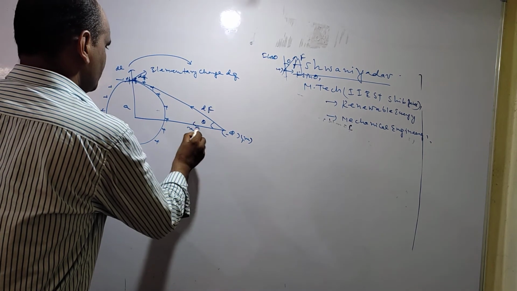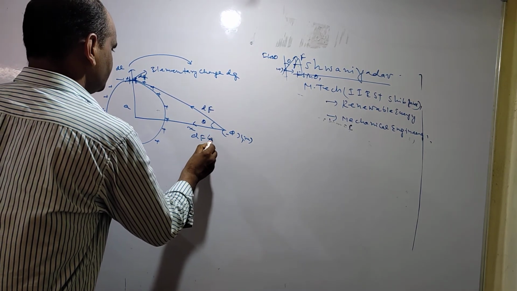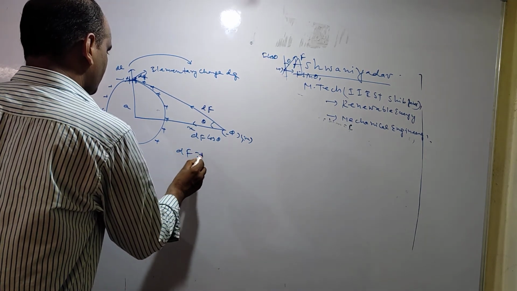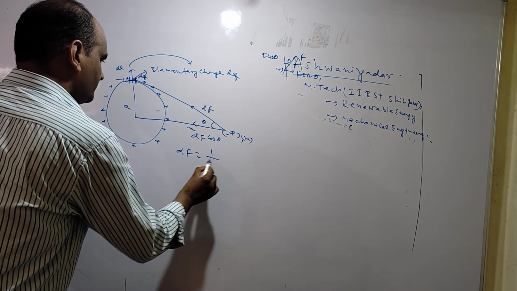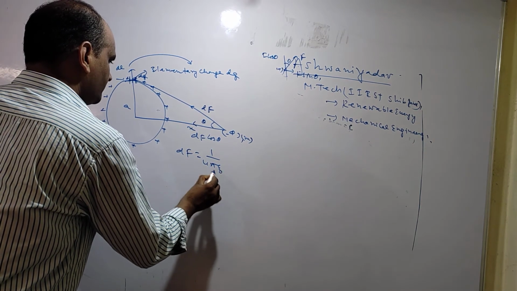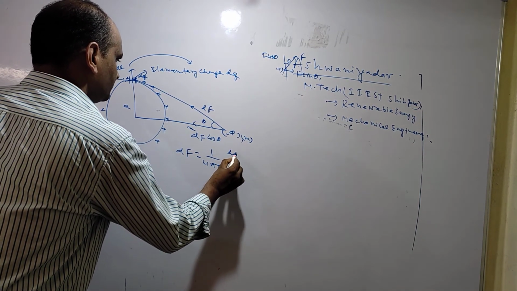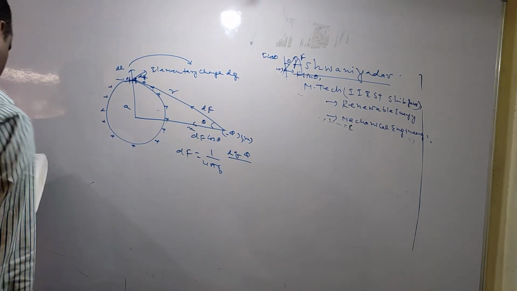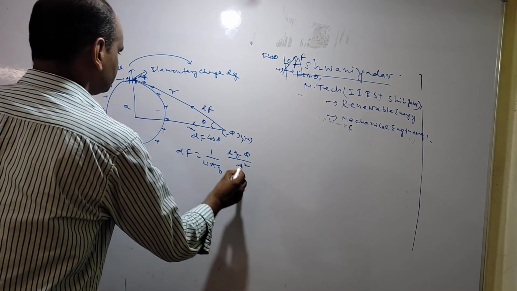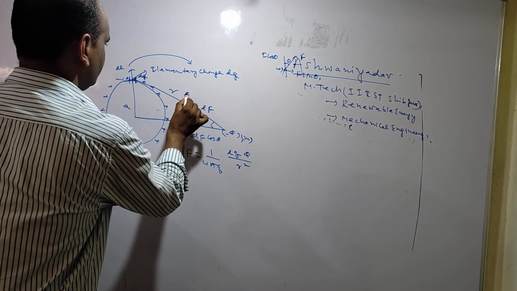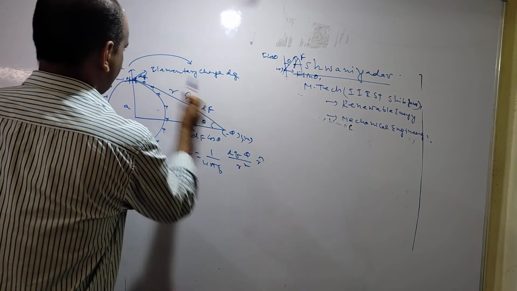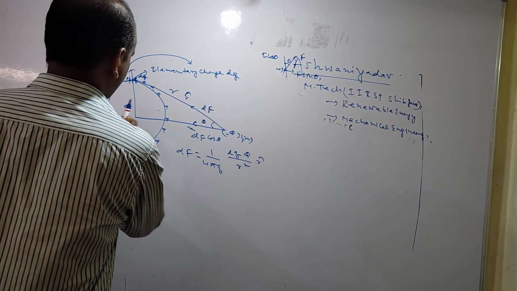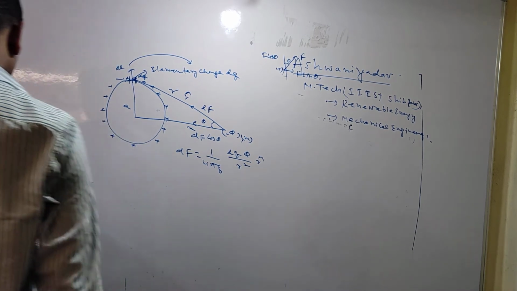So the component of this force in this direction is dF cos theta, and dF from Coulomb's law is 1 by 4 pi epsilon naught, dq into q by r square. This is r square, and this force is in this direction, dF cos theta.